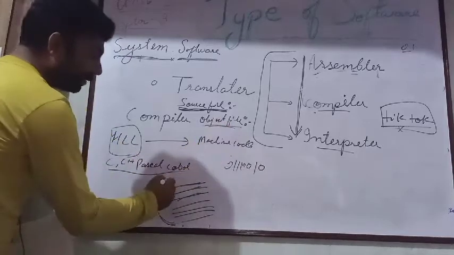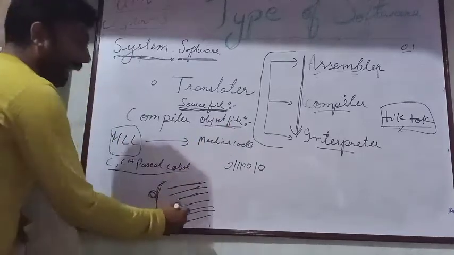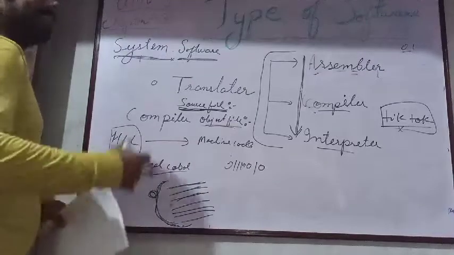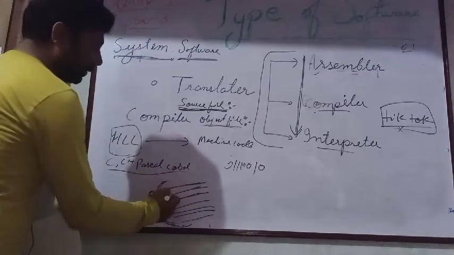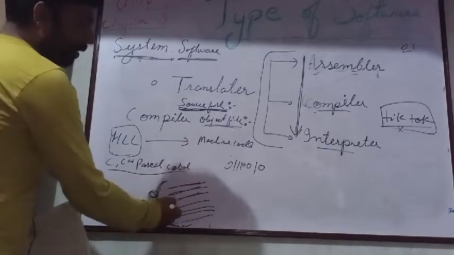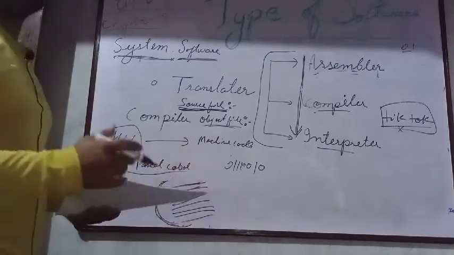The compiler reads the whole program together, and at last it indicates the errors, whether a syntax error or any line error.